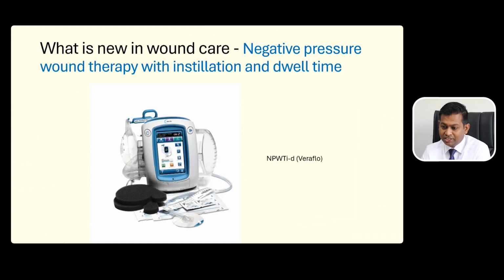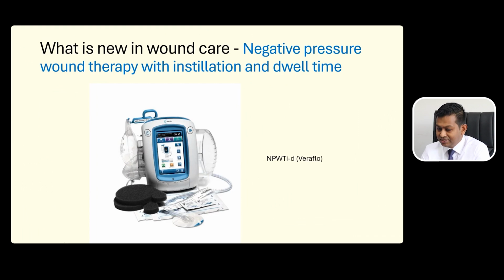It is negative pressure wound therapy with instillation and dwell time. Basically, what this does is apply the vacuum, and at times you can see there's a bag of solution. We can use various solutions. The machine itself sends some fluid through the tubes into the wound, and it irrigates the wound, and the fluid stays there for some time, and after that it's sucked out.